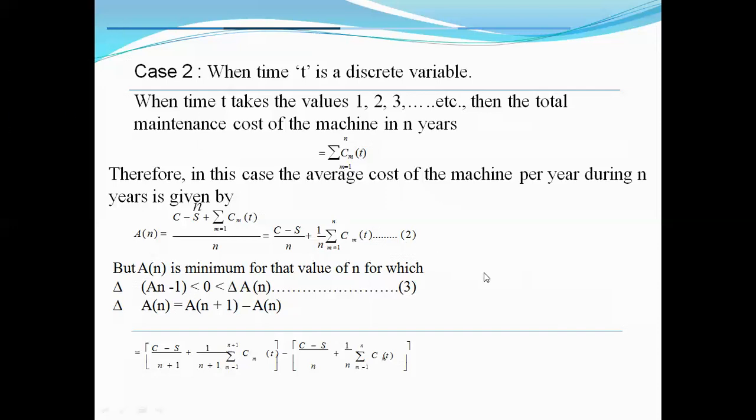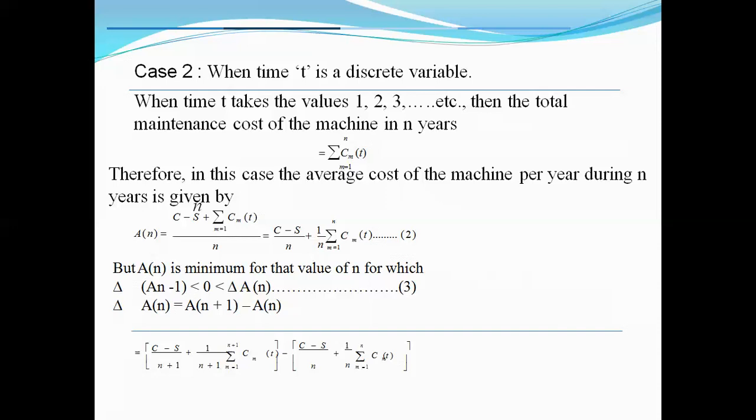And we have the condition that the average cost for n number of times is minimum for that value of n for which delta A of n minus 1 is less than 0 and less than delta A of n.